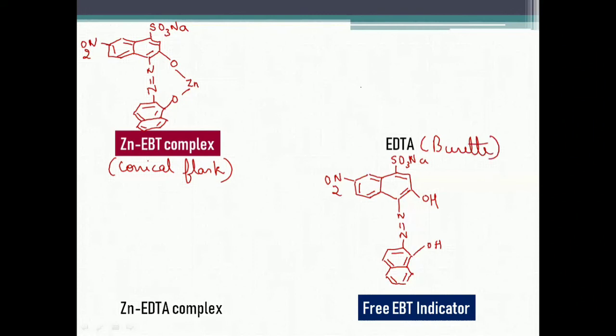So EDTA is nothing but ethylene diamine tetraacetic acid. Since it is ethylene, there should be 2 carbons. Diamine means the 2 nitrogens. Tetraacetic acid means each nitrogen is connected with 2 acetic acid groups, so totally 4, tetra.